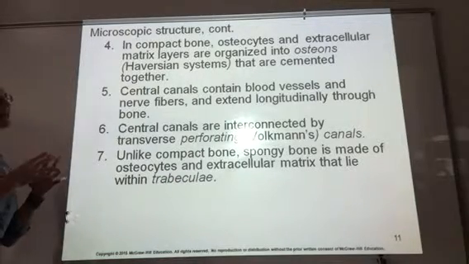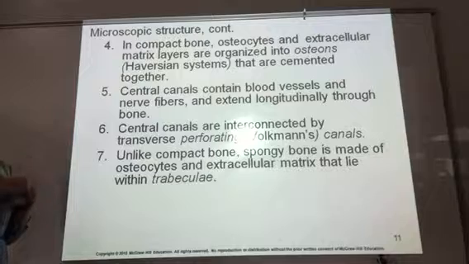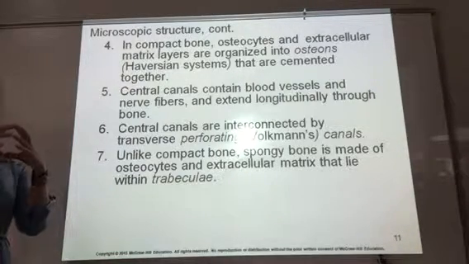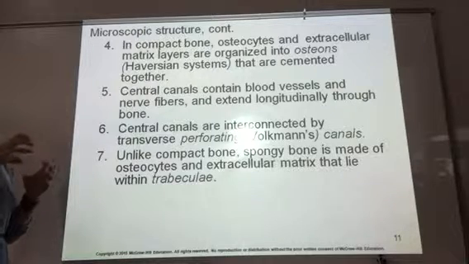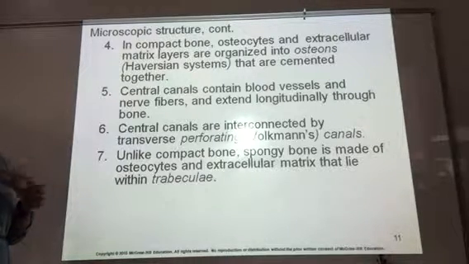In your bone, these osteocytes and the matrix are organized into osteons, which are round structures that are very much cemented together. And here again, the diagram's coming where I will point that out a little bit better.